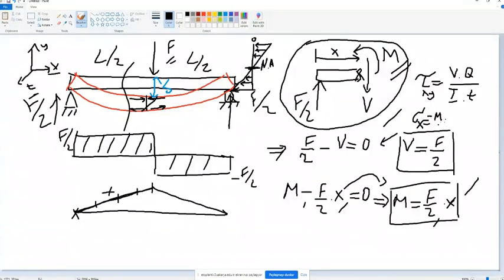So bending moment, and there is minus in the beginning. And the height of the cross-section and the cross-sectional moment of inertia. And this is again cross-sectional moment of inertia.